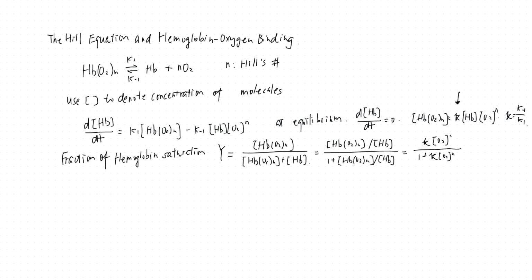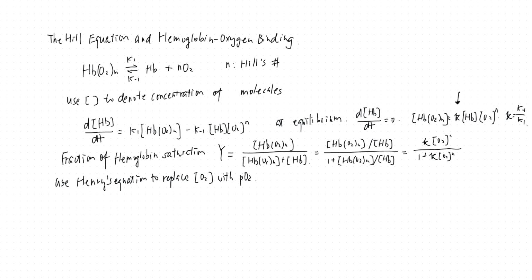So if you wanted to write Y in terms of partial pressure instead of concentration, you can use Henry's equation, replacing oxygen concentration with partial pressure of oxygen.